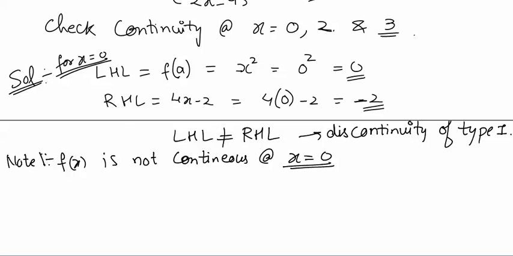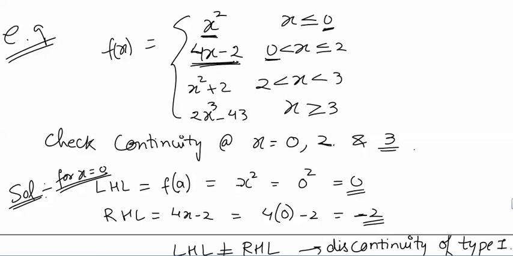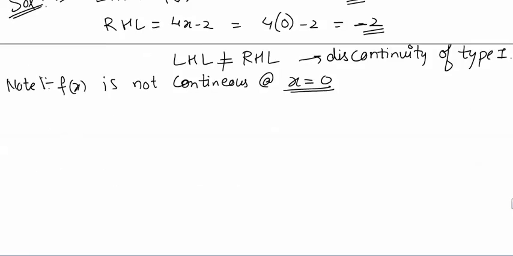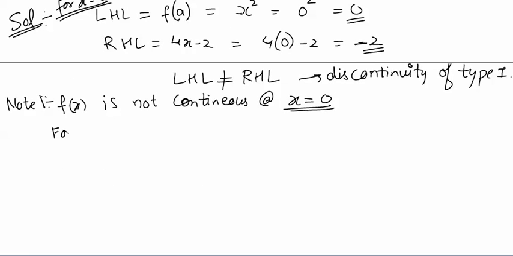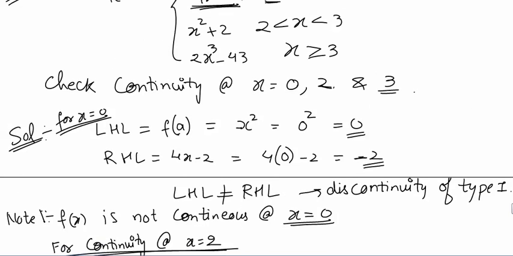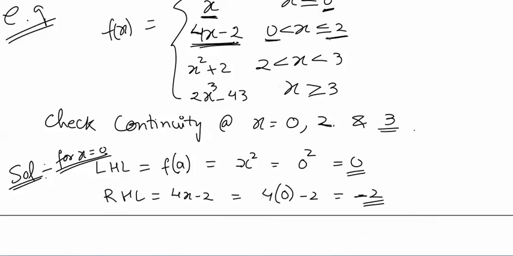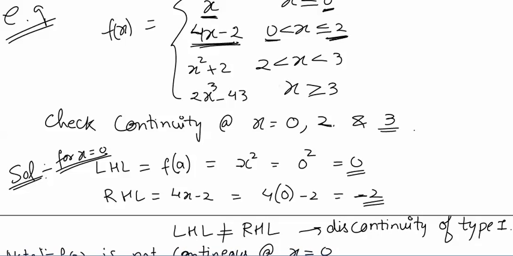Then when I talk about checking it for continuity at x equal to 2, you can find out the LHL, the left hand limit. This will be the LHL and f of 2, that is 4x minus 2.